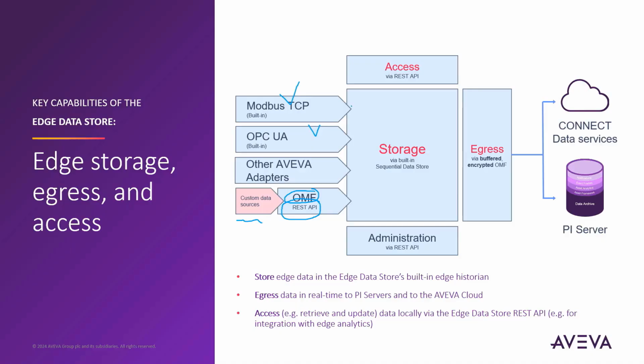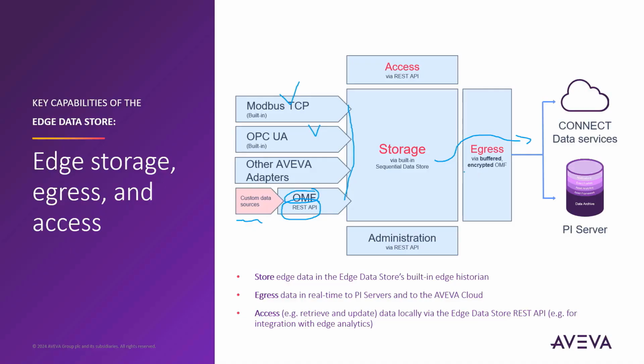Once that data is collected, the data is actually stored locally in configurable data storage until it can be sent to more permanent storage in a Pi system or Connect Data services via periodic egress. And yes, that transmission is indeed buffered, and it's encrypted from the Edge Data Store up to its destination.